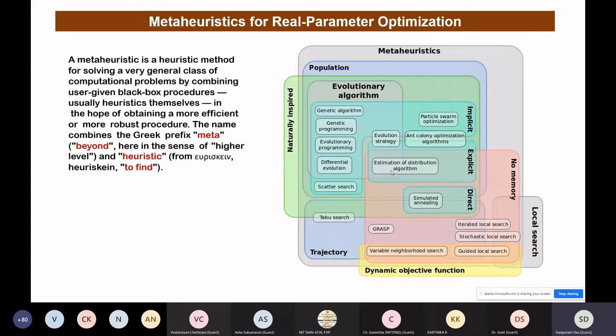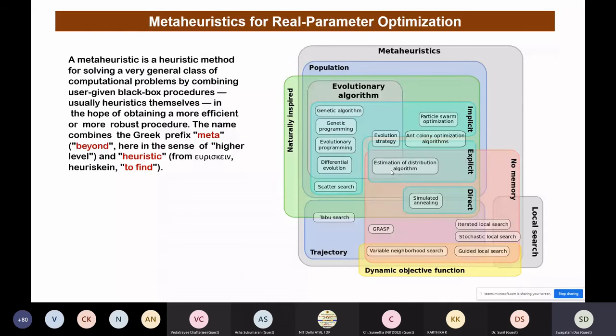And the meta heuristics combine user given black box procedures, and the name combines two things. One is the Greek prefix meta. Meta means beyond, here in the sense of a higher level. And then there is another word, heuristic. The word heuristic comes from the Latin word heuristicum, which means to find.